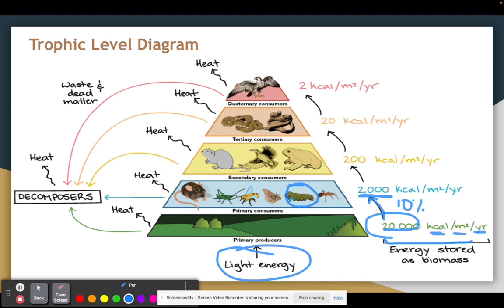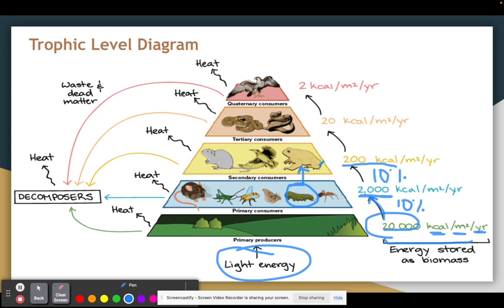And what is saved and stored up inside of its body, when the toad here eats the caterpillar, there's only 10% of that can be transferred to the frog. So once again, if you move the decimal place one spot, there's only 200 kilocalories that these organisms are going to give to the secondary consumers.